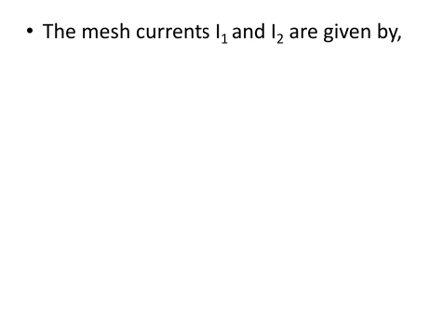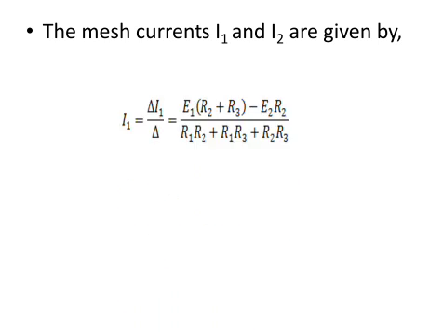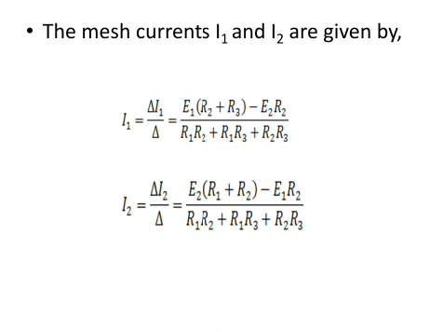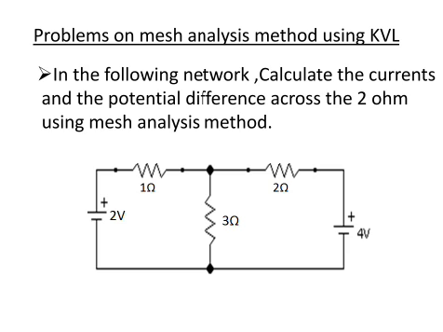The mesh currents I1 and I2 are given by I1 equals delta I1 divided by delta, I2 equals delta I2 divided by delta.